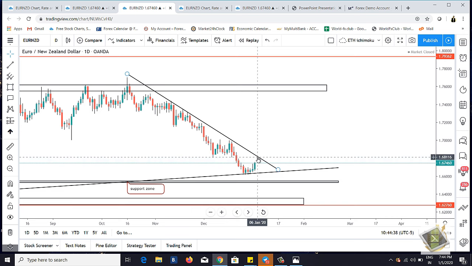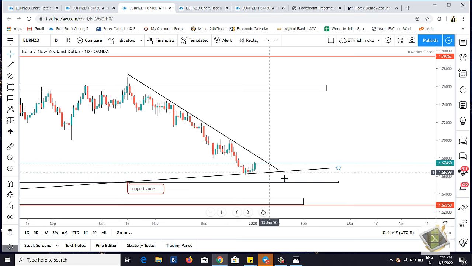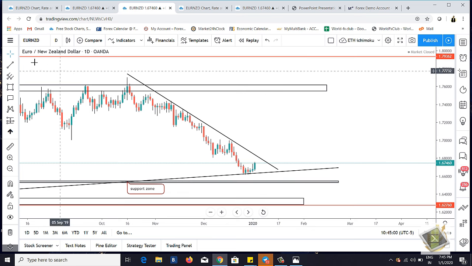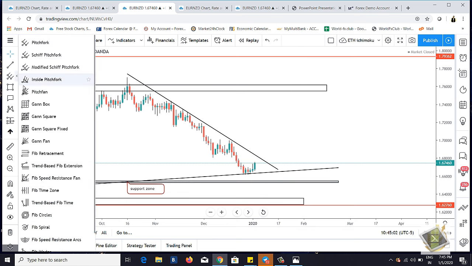If it goes back here, you can open a sell position here, and when it goes down, you can earn profits. Same thing can happen here as well, because you know that this is a support area, and when price reaches here, buyers might enter and push the price up. So this can be a possible scenario.